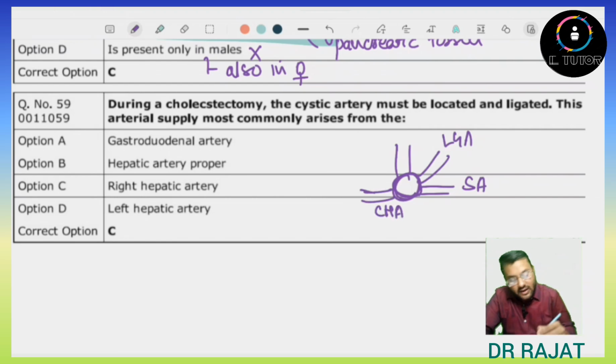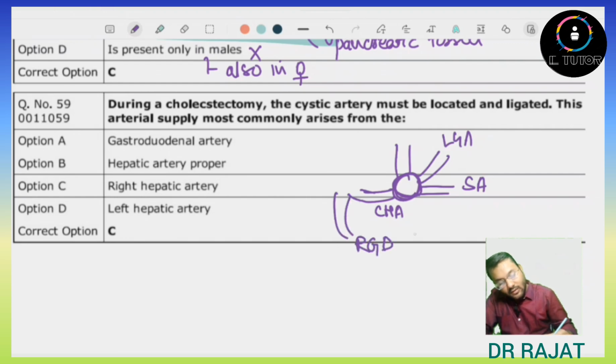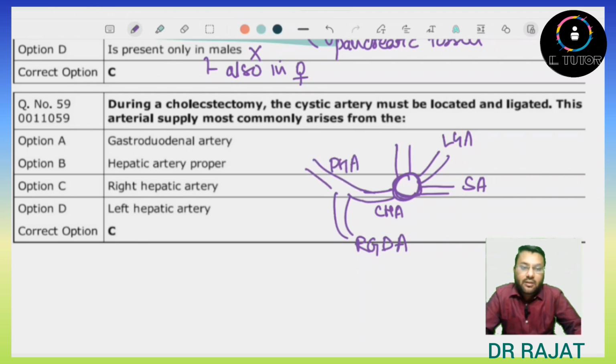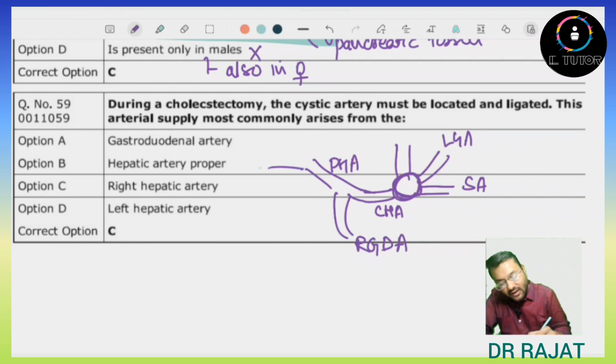Now from common hepatic artery, the right gastroduodenal artery arises, and after that this is converted into the proper hepatic artery. The proper hepatic artery finally divides into the left hepatic artery and right hepatic artery.